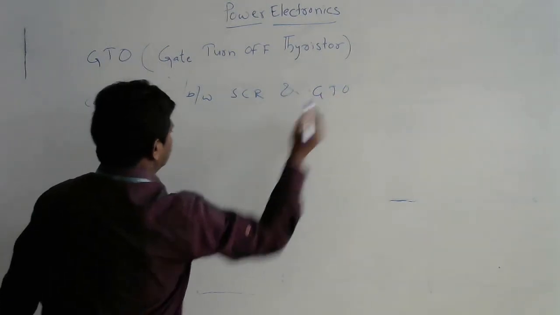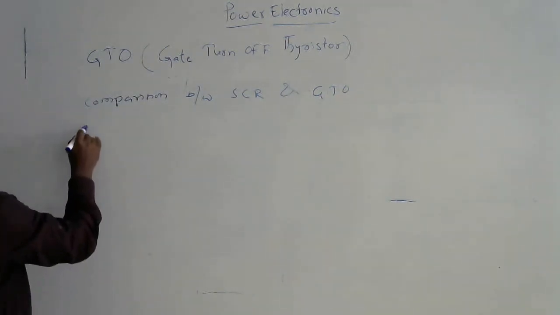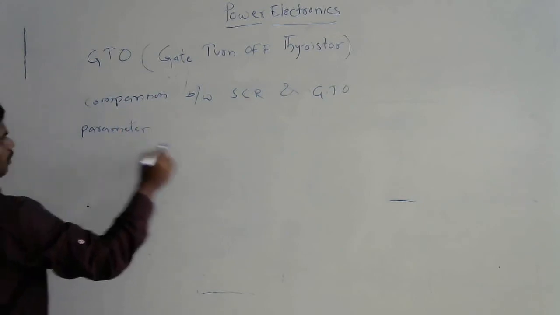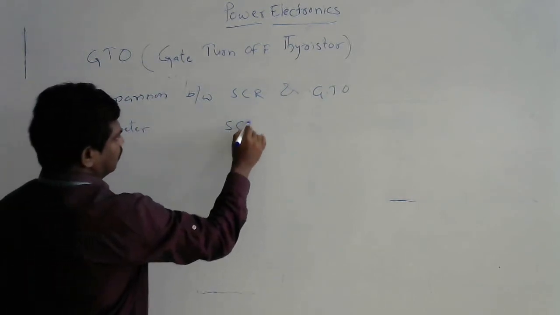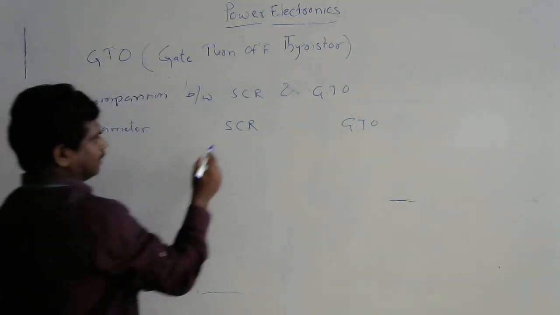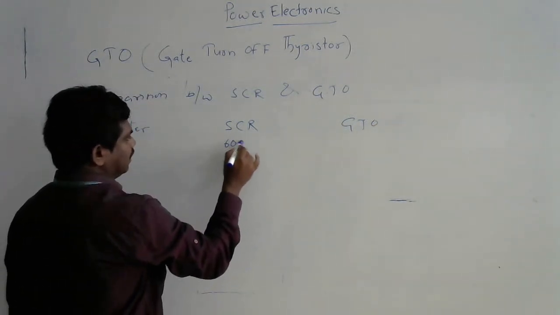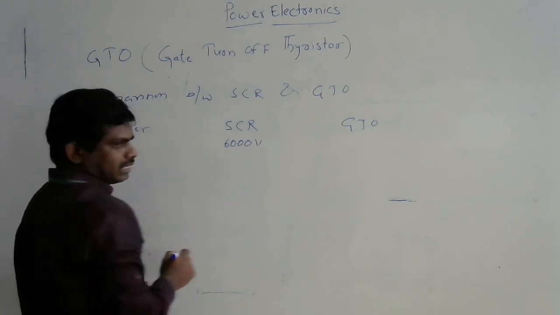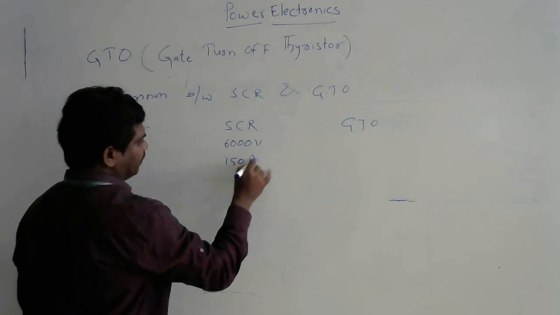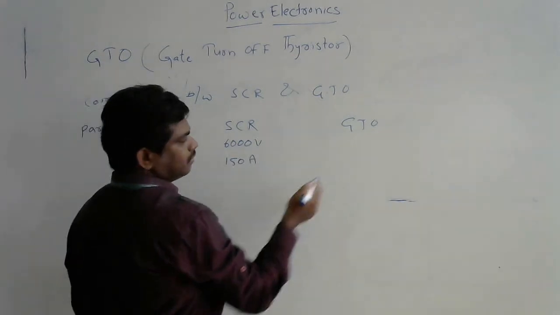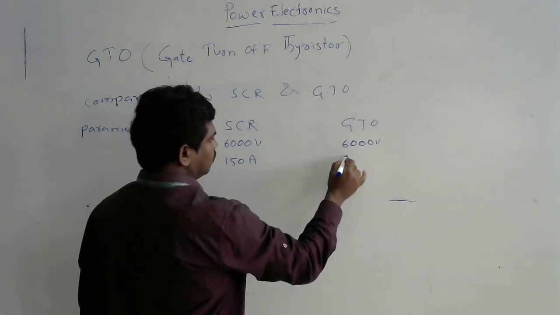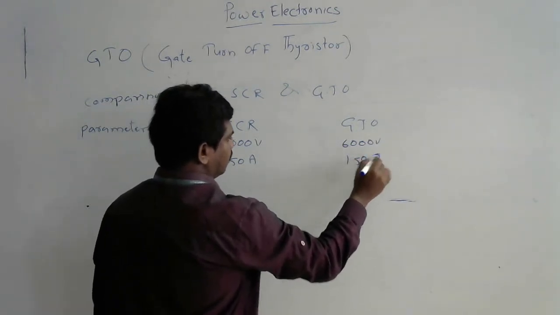I am taking the parameter, then SCR, then GTO. The rating of the SCR is 6000 volt, which means 6 kV voltage rating, and the current rating is 150 ampere. The same rating for the GTO: 6000 volt, 150 ampere.